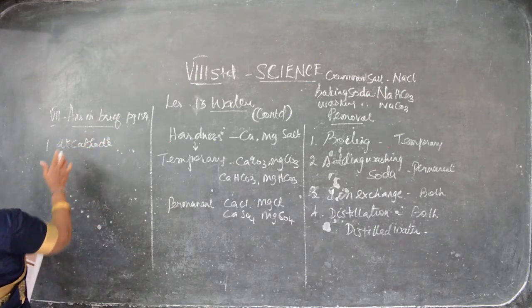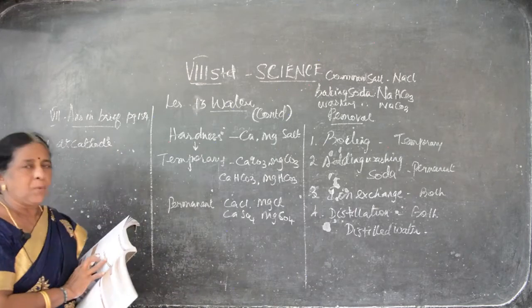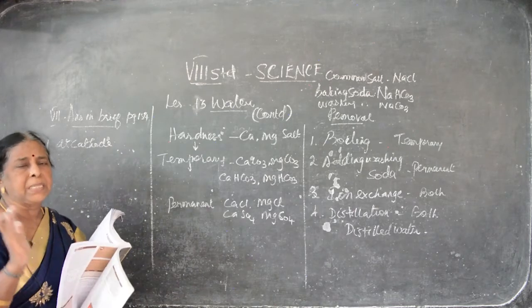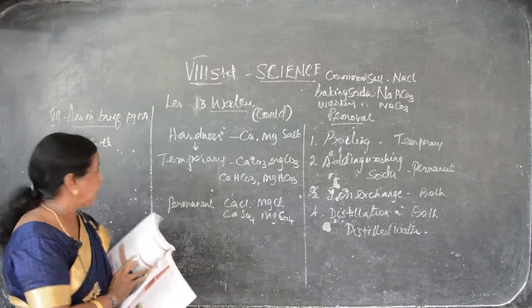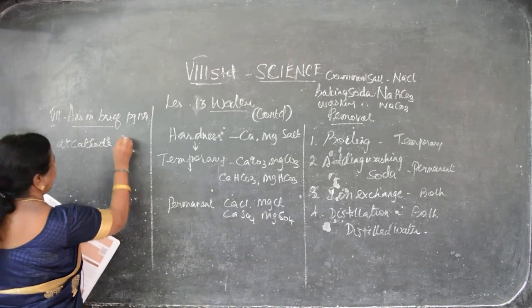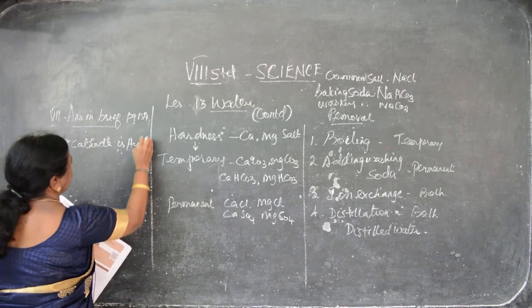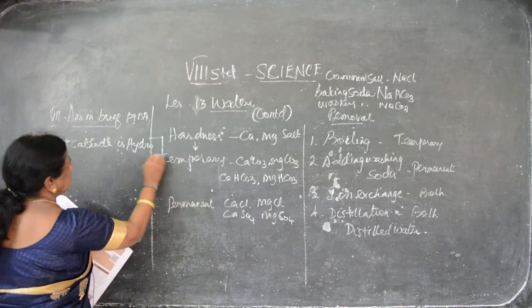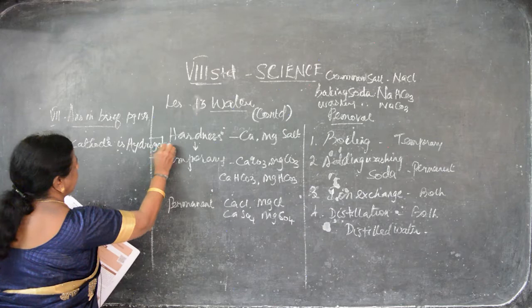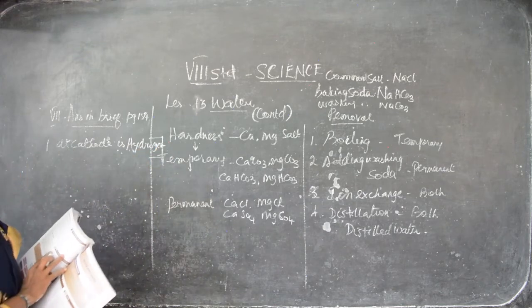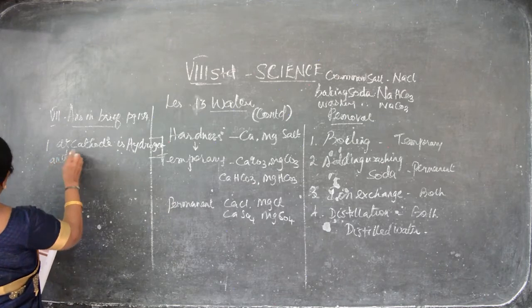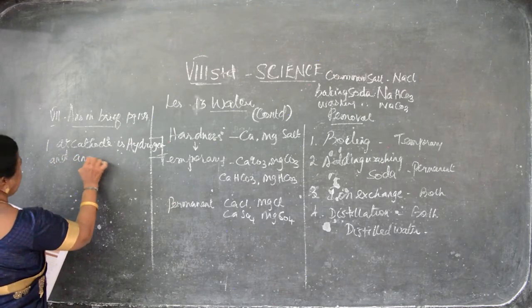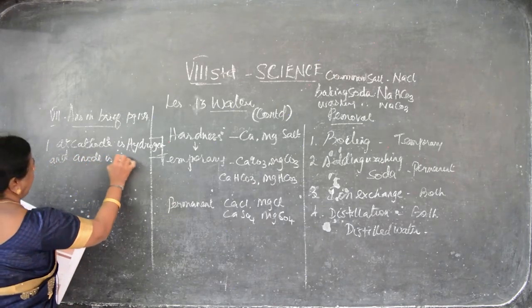I hope that you would understand what I said. Name the gas evolved, no, remove the name, because of name only it has become a question. The gas evolved at cathode is hydrogen. And anode is oxygen.